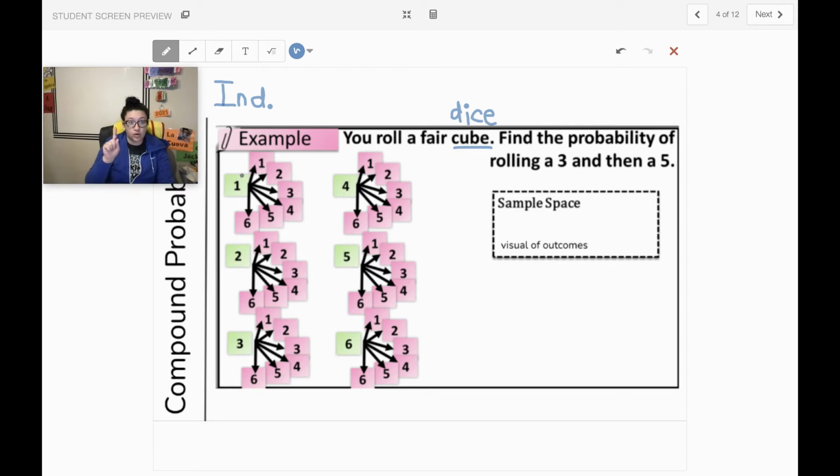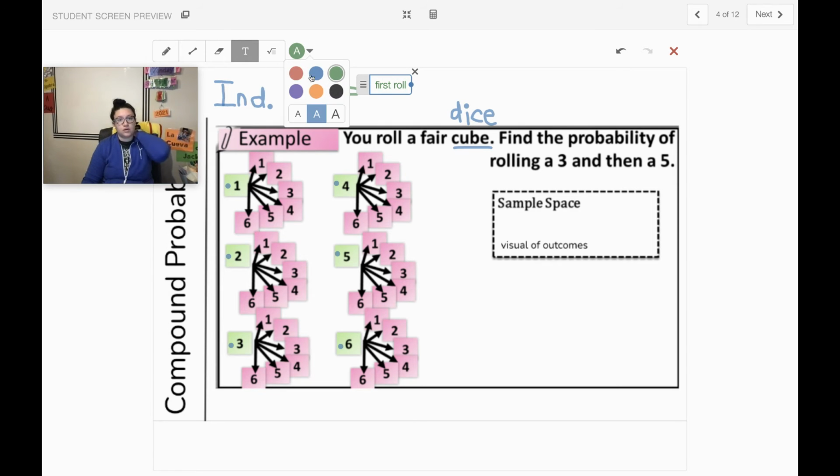So the first roll of our dice is shown with those green numbers, the big 1, 2, 3, 4, 5, 6. The green is the first roll, and then the pink is the second roll. I want you guys to be different colors.